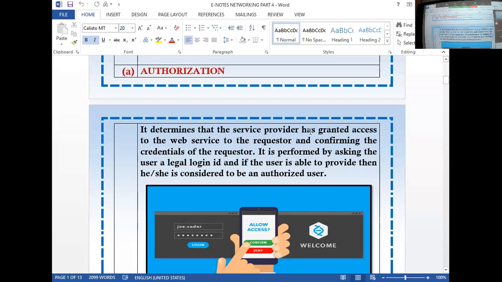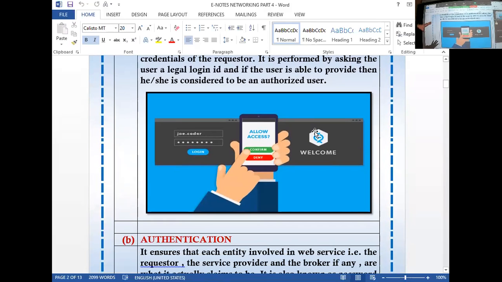All right. Now, this is a small image I have shown in front of you, which represents that the user is entering his legal ID, and the ID being legal represents that the user is an authorized user. And when the ID is considered legal, then the next stage comes: authentication.